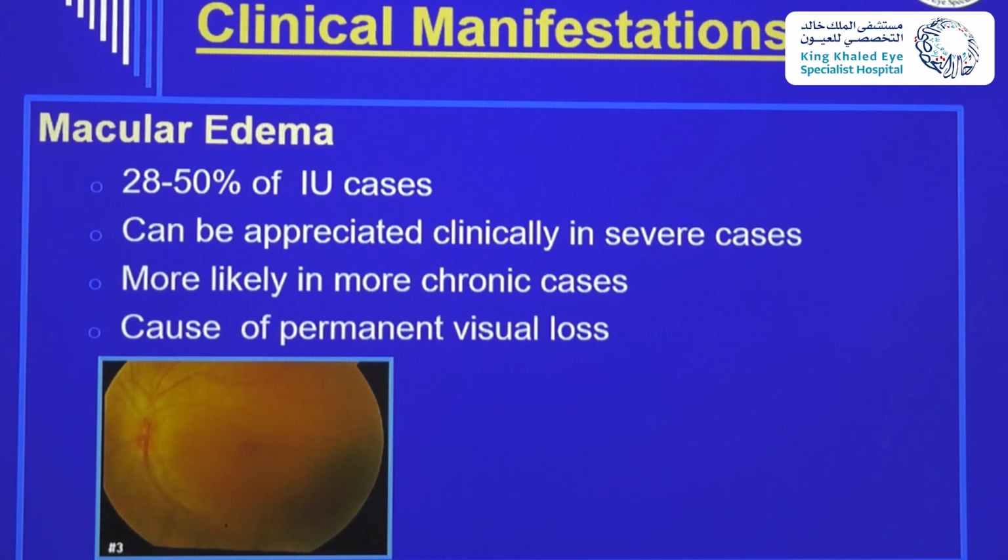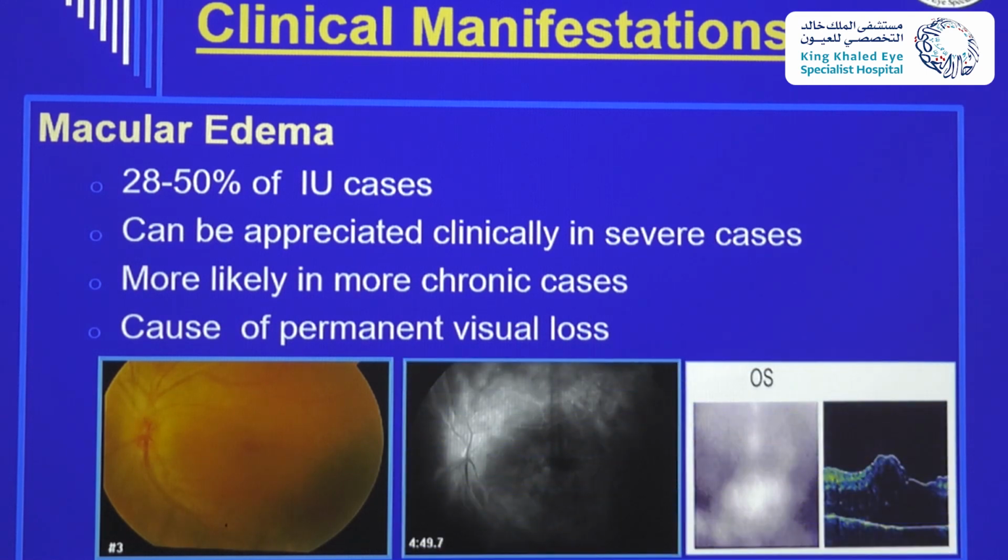It could be seen clinically or by using OCT or fluorescein angiography, and is more likely in more chronic disease. This could cause permanent visual loss; as we mentioned, if not treated on time, it might end in photoreceptor loss. It could be just mild, moderate, or even severe in such cases.